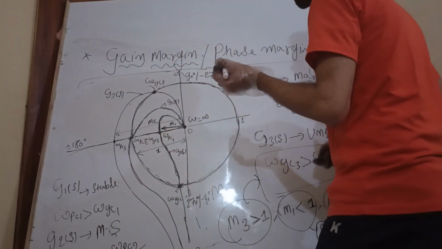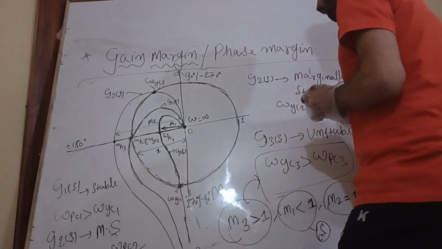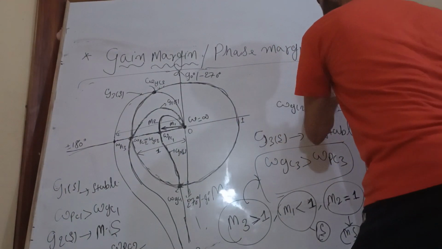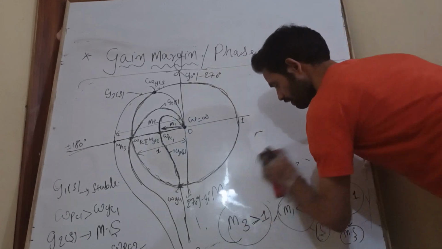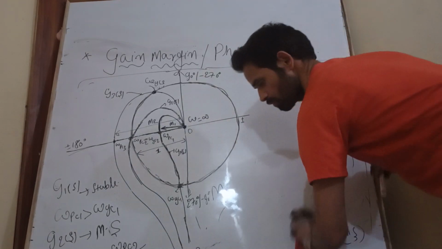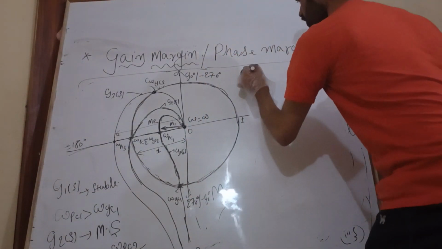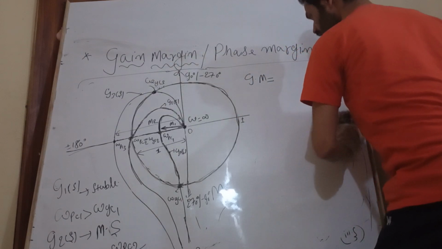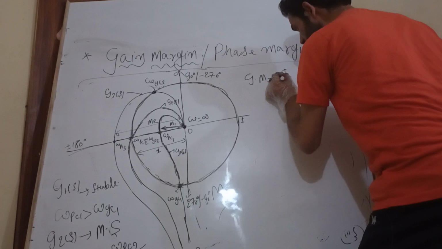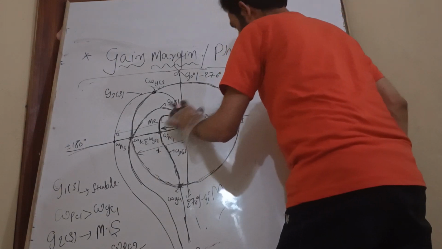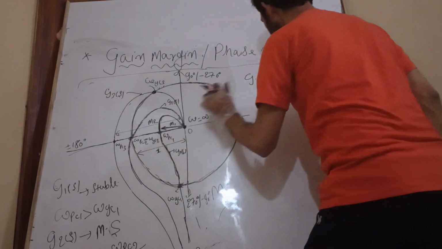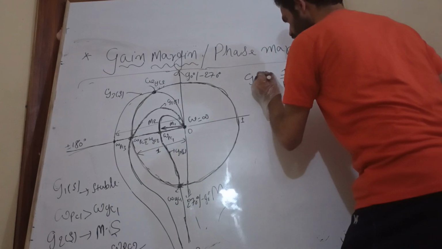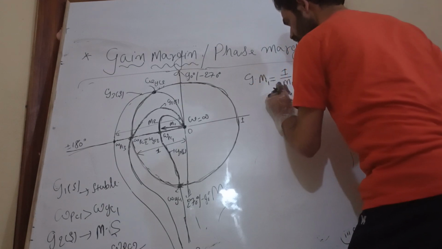And how can you write the gain margin and phase margin? For gain margin, it is the reciprocal of this magnitude, the reciprocal of this distance. This is for system 1.